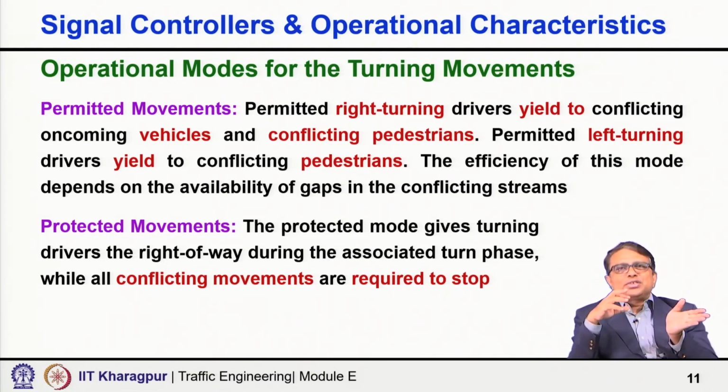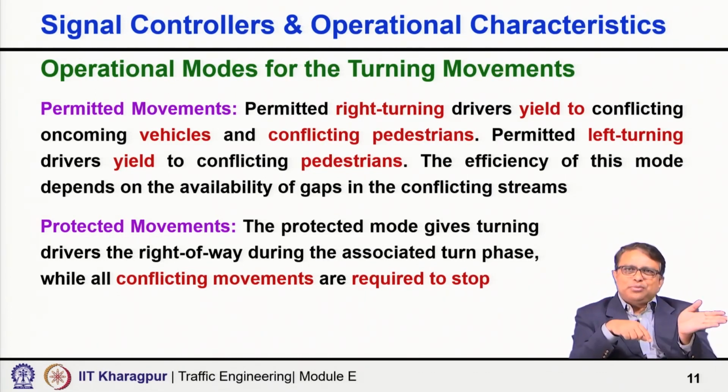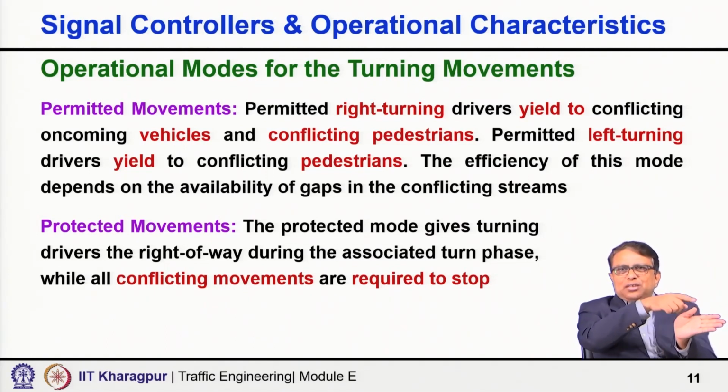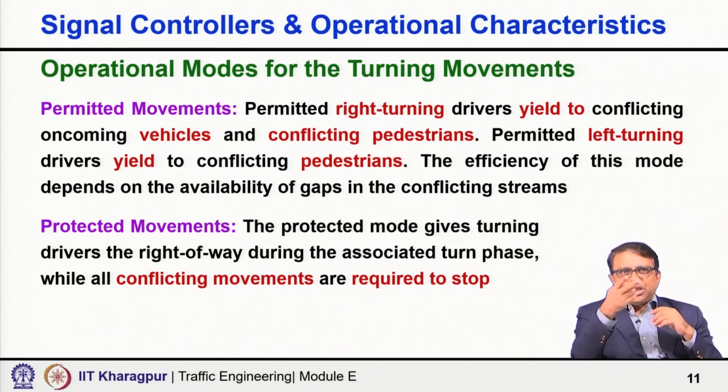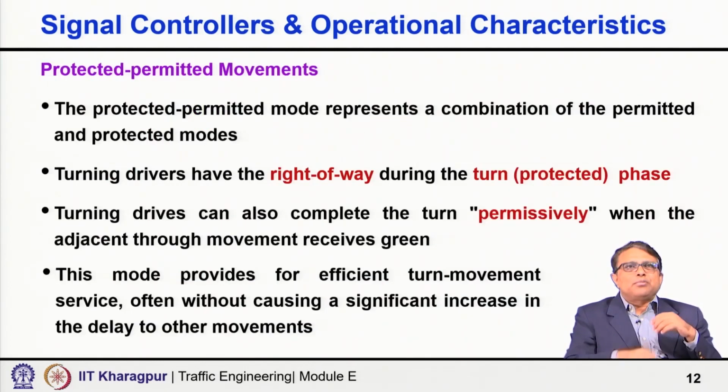Same thing for the left: for the left portion where the pedestrians were earlier crossing, now pedestrians will not cross at that time. That is called protected. So protected and permitted, both are there.